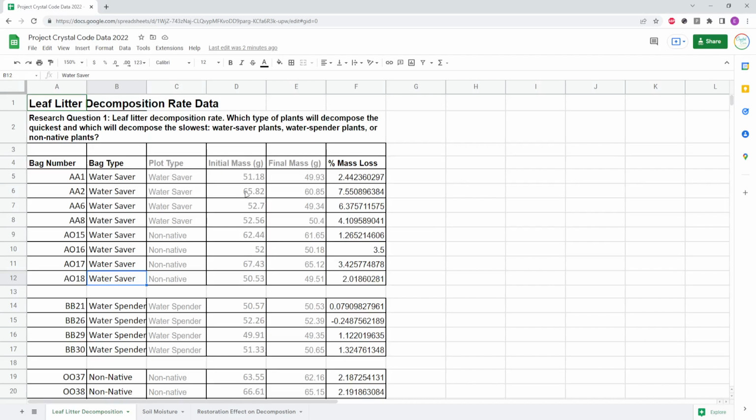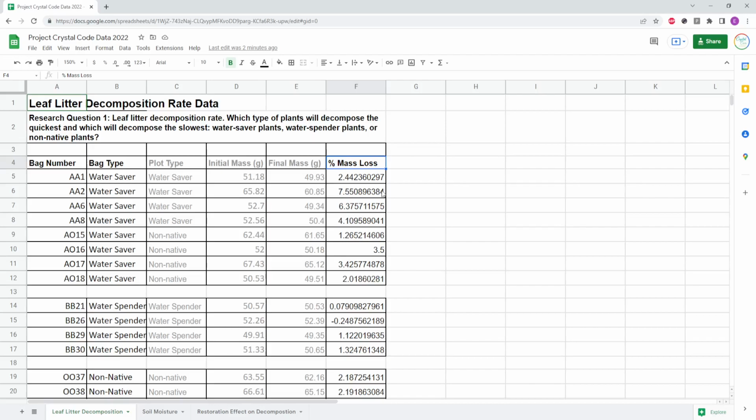We also have the initial mass, which is the mass that the leaf litter bag weighed when we initially put them out. And we have our final mass, which is the mass of the leaf litter bags when you helped us weigh that mass. Over on the right hand side of that, we will have the percent mass loss, which will tell us the mass loss of the leaf litter bags individually.